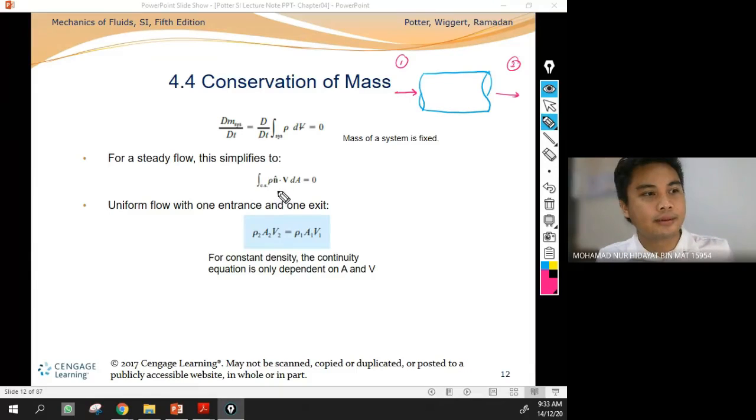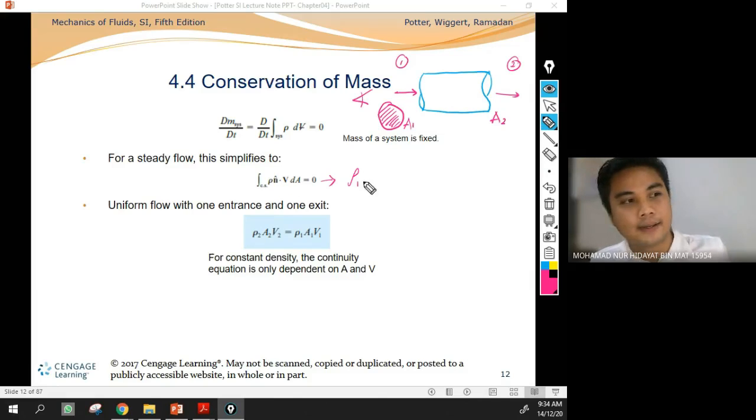So let's try to solve this equation. Right, this is the control surface. We consider only the surface area. The cross-sectional area, when you look at here, it will become a circle. Alright, this is considered as area 1 and area 2. So rho at point number 1, n is the flux, the unit vector directed perpendicular to the cross-sectional area.